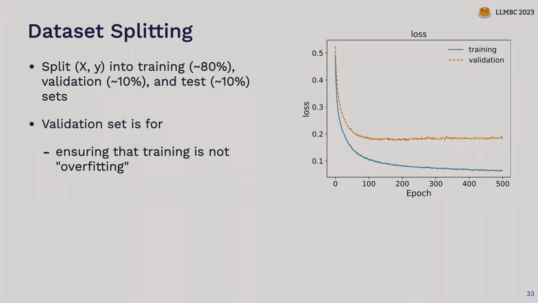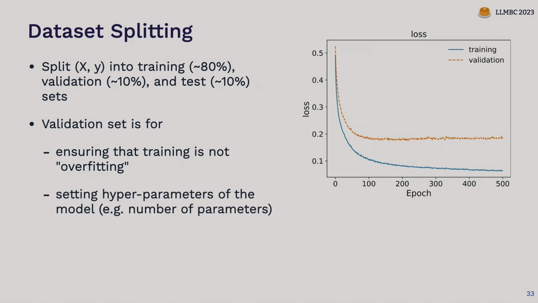The reason is that the model is memorizing the specific examples in the training set rather than learning how to generalize to other similar examples. So to avoid this, we have data where we know the answer, but we are not training the model on it. We use that for validating whether the model is doing what it's supposed to on novel data points, as opposed to the data points we fed it for training.